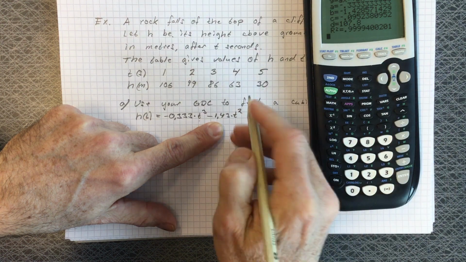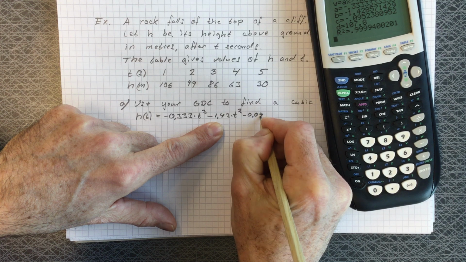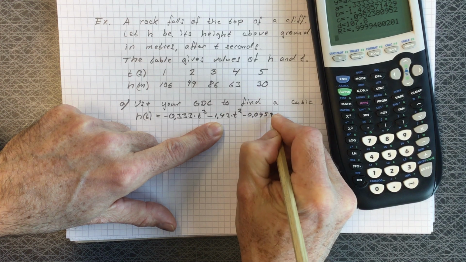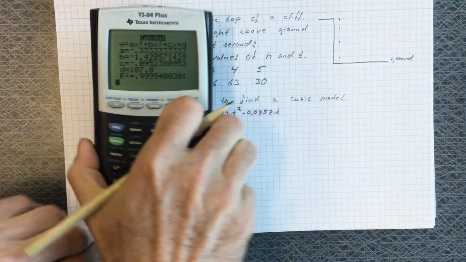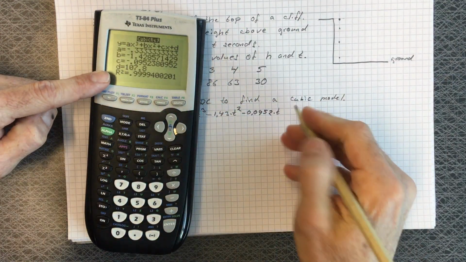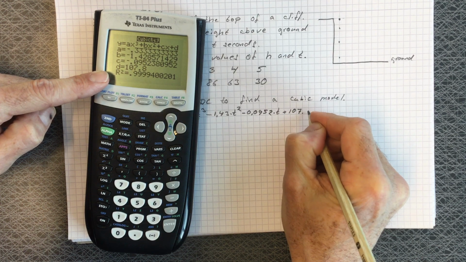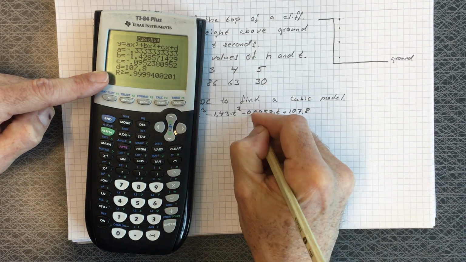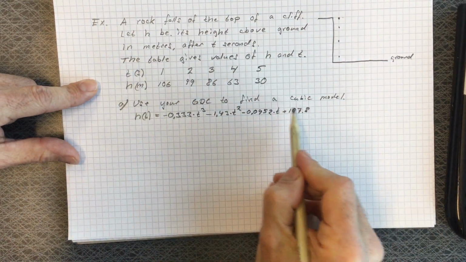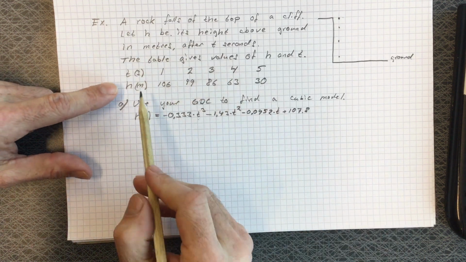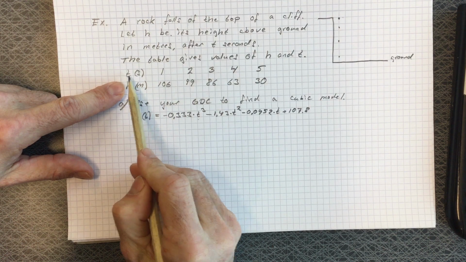And then I have c, it's negative, minus 0.0952 times t. And the last one, d, plus 107.8. So this is our cubic model that describes the height as a function of the time.